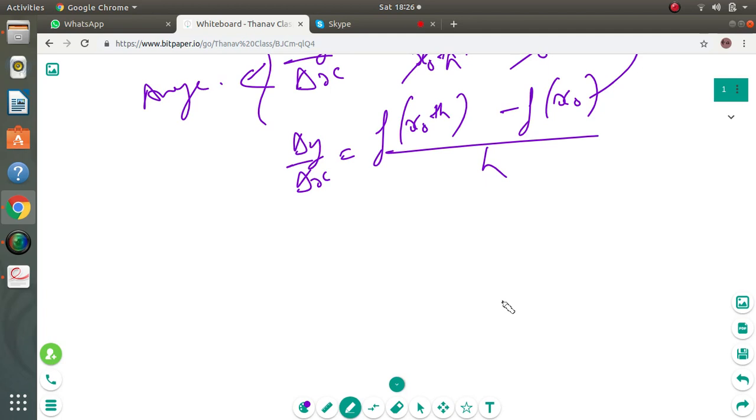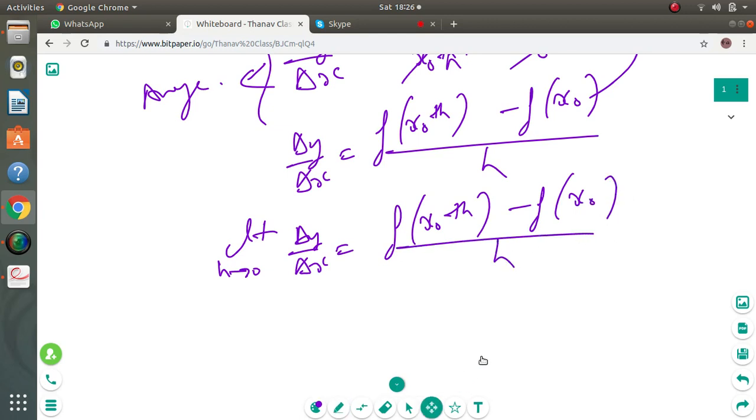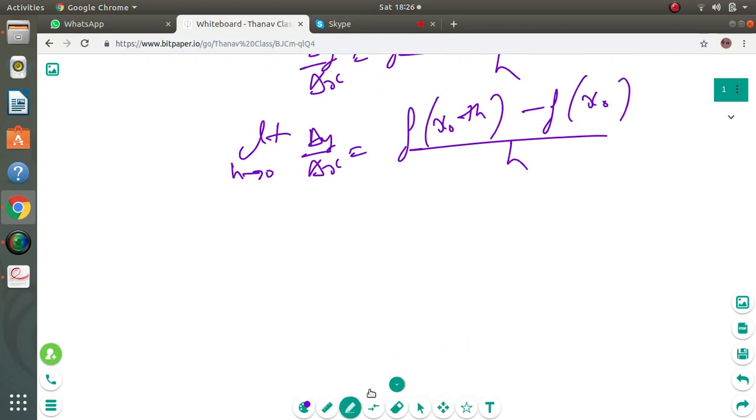Now to make it instantaneous, we put the limit as h tends to 0. Here we have dy by dx equal to f of x naught plus h minus f of x naught, whole divided by h. See, now that is the instantaneous gradient, right?